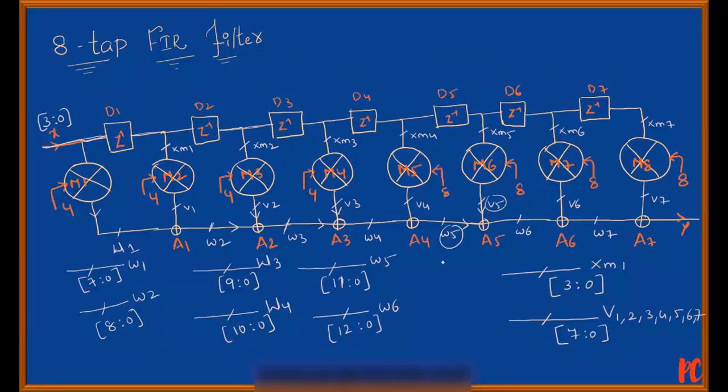All clear? Similarly, W7 will range from 13 down to 0, which is a 14 bit. And the output Y, a combination of the addition of W7 and V7, will be 15 bit, 14 down to 0.